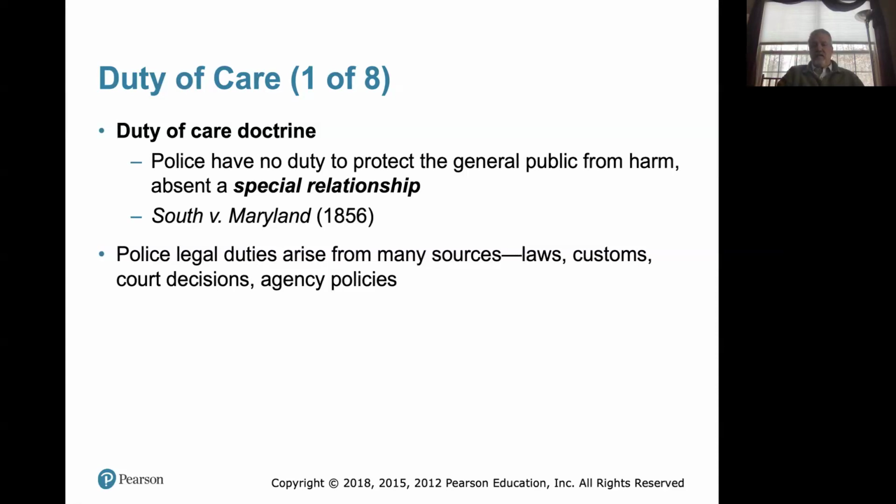The police, and this is important, it's something that you need to really think hard about. The police have no duty to protect the general public from harm, absent a special relationship. We'll talk about what those special relationships are, but it's that first part, that although the police exist, our police agencies in the United States are reactive. They're not proactive.